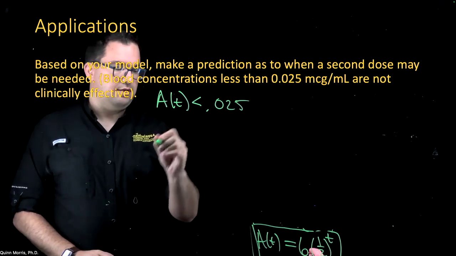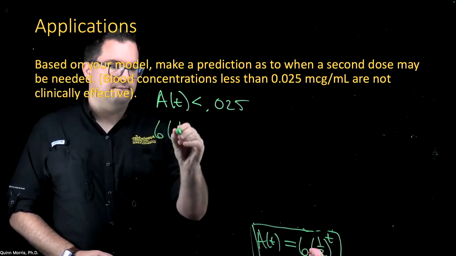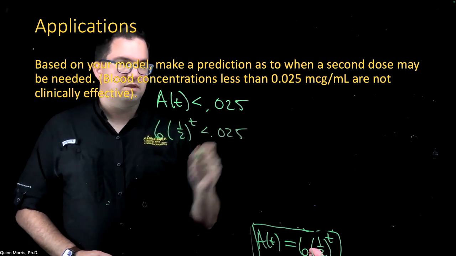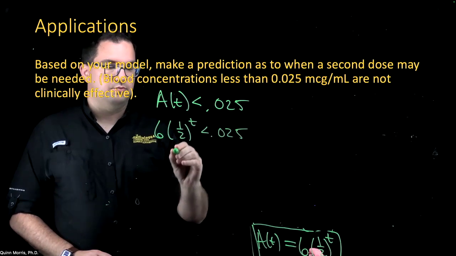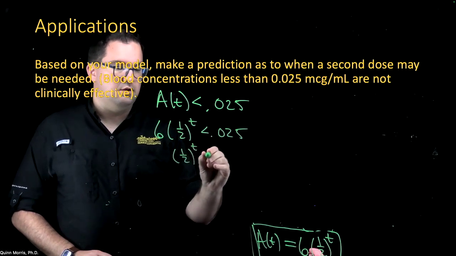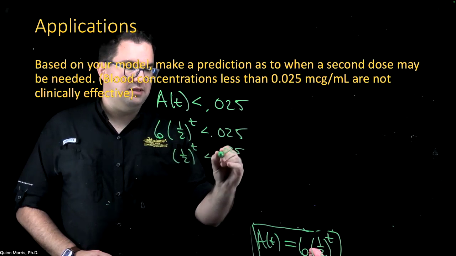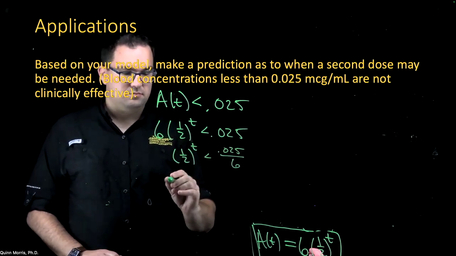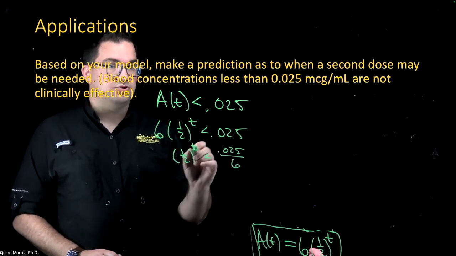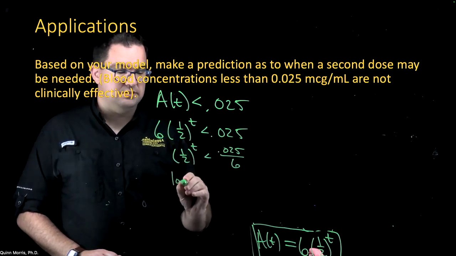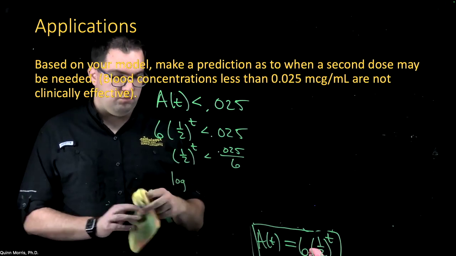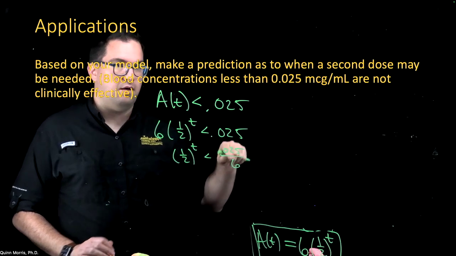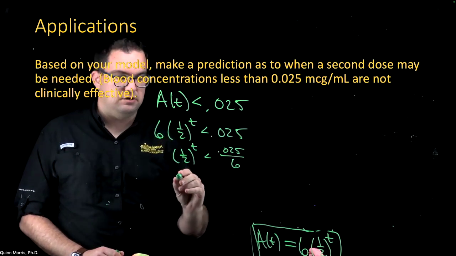So in that case, I just plug in what I know A of t is. And now I could just do a bit of algebra. I'm actually going to wait, because I'll just plug everything into a calculator at the end. If I divide both sides by 6, and then take a log base 1/2 of both sides, that's actually going to flip my inequality, because log of a base less than 1 is a decreasing function.